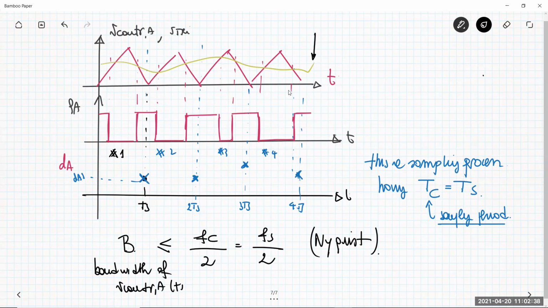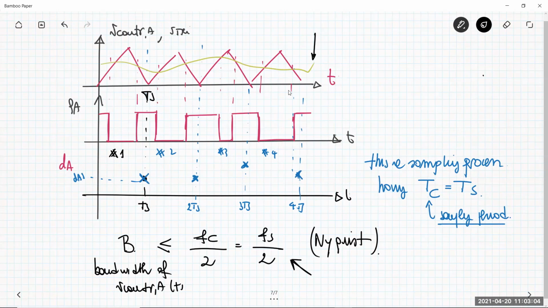So you need a control voltage that has variations that are very slow with respect to TS. If the Nyquist theorem is respected, then this process is correctly explained in the way I did before.